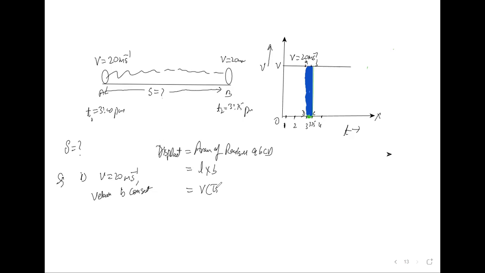Time interval is t2 minus t1. So v, time interval t2 is 3.15 and it was 3 p.m. The magnitude of velocity was 20 and the time difference from here is 15 seconds. So it is 300 meter.